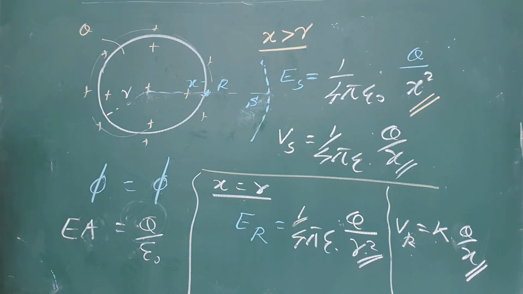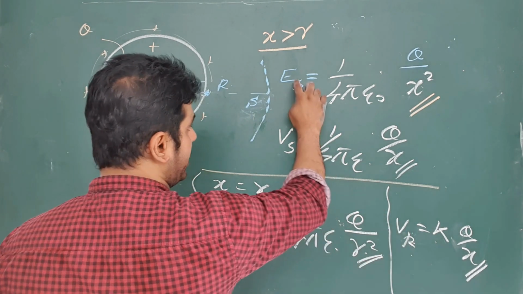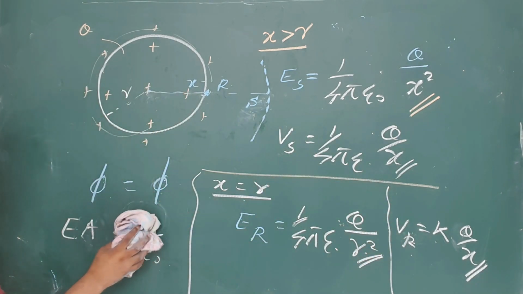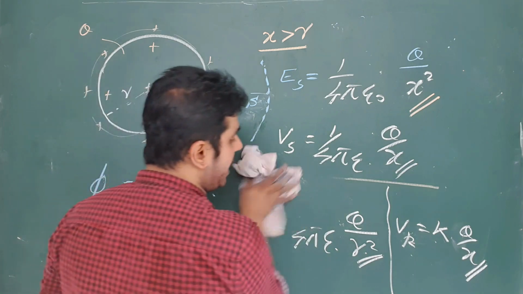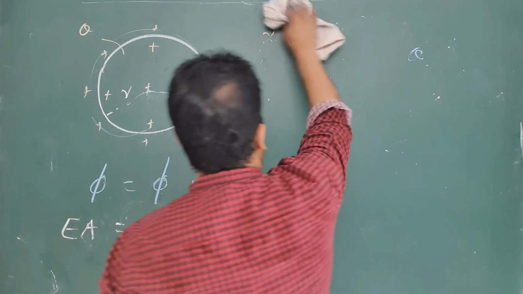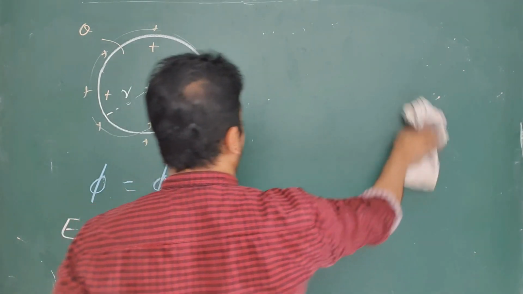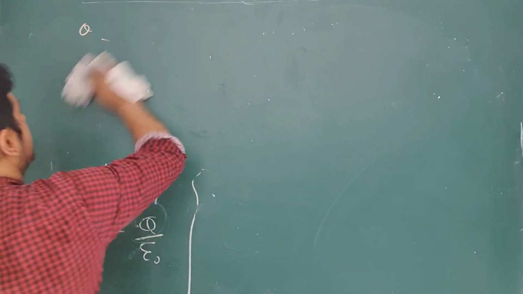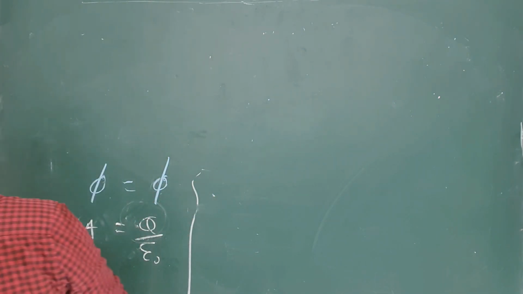By using that theorem you can write the electric potential also, electric field intensity and electric potential also. Now we are moving to inside the dielectric media. Now this is the given dielectric sphere.